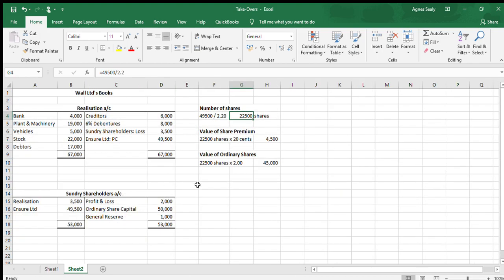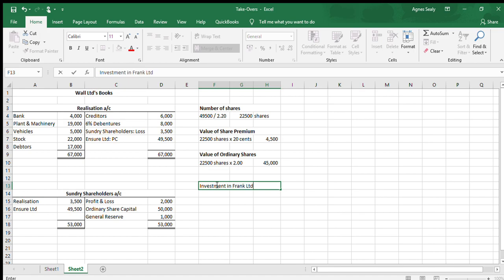So that is the other thing that we want to work out. Now we want to calculate the investment in Frank Limited.